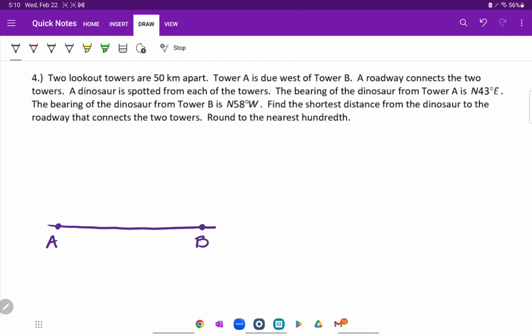The bearing of the dinosaur from Tower A is north 43 degrees east. So they're giving me a bearing. I'm going to have to start with a due north line here from A. And then I'm going to rotate 43 degrees towards the east, which would be to the right.